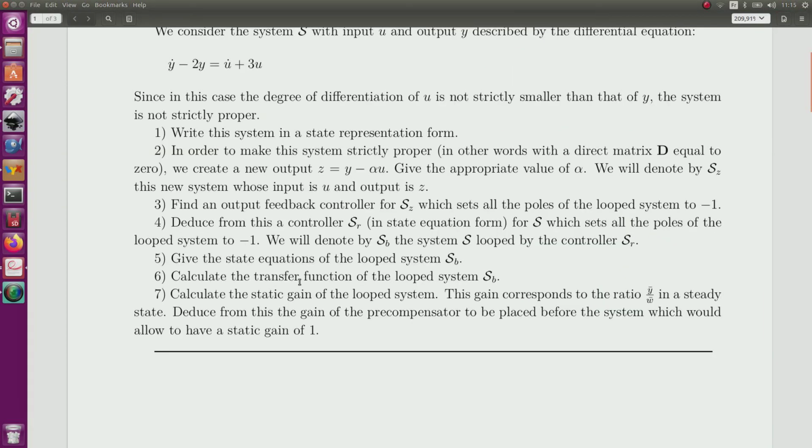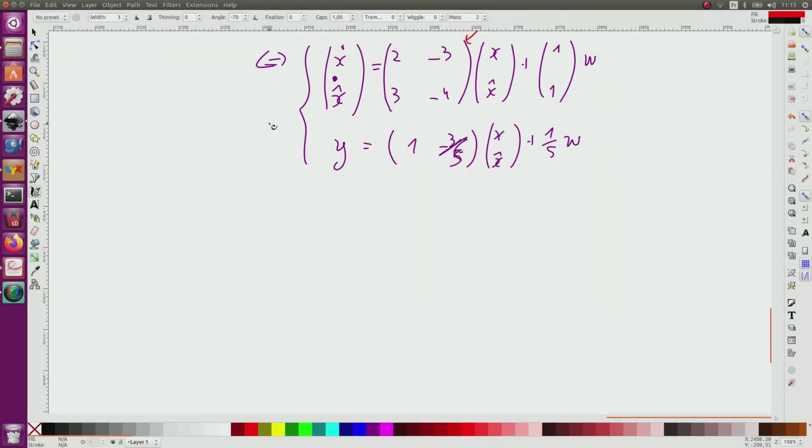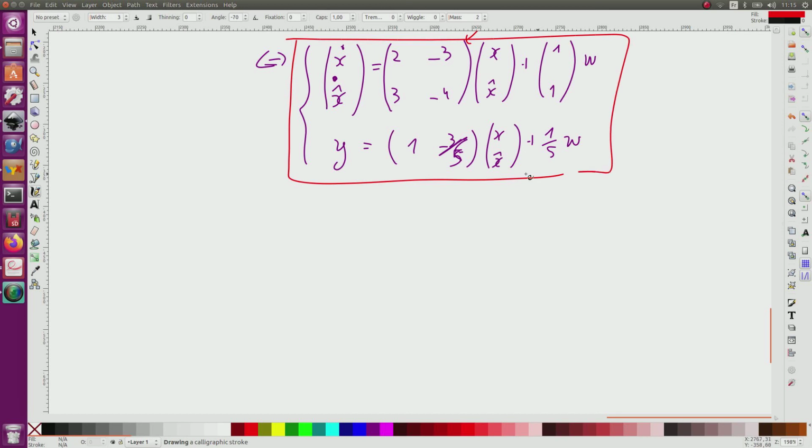Question number 6. Calculate the transfer function of the closed loop system. And the closed loop system has been computed here. The closed loop system is this. The input is w, the output is y. We know, because we have placed the eigenvalues, that the eigenvalues of the evolution matrix are equal to minus 1, 1, minus 1. And now I will have to compute the transfer function.